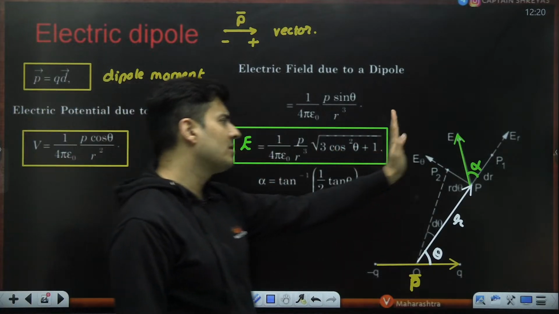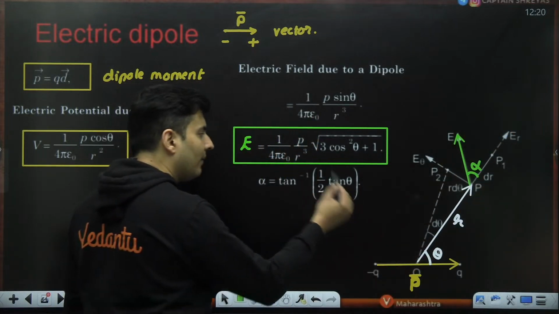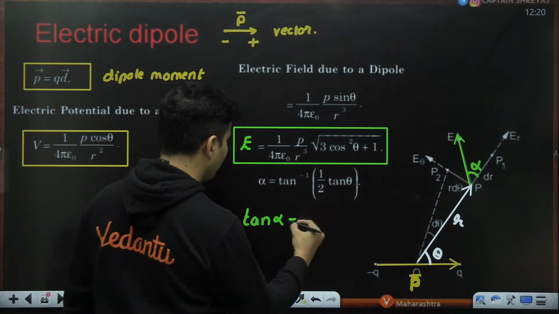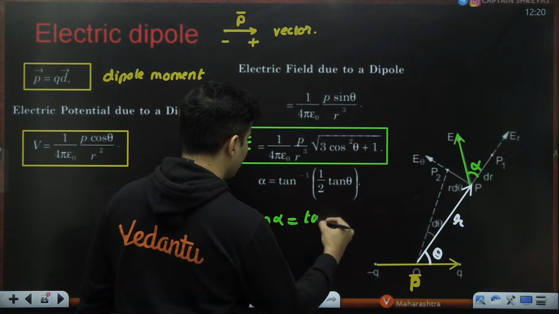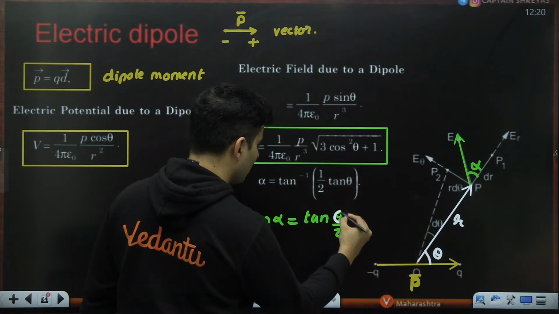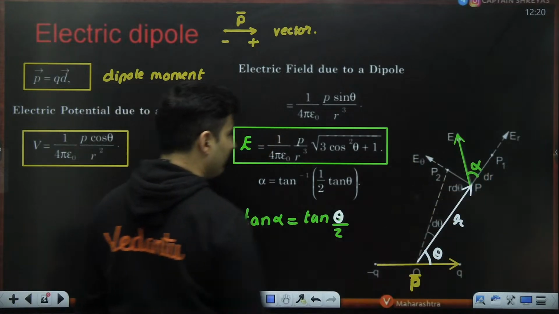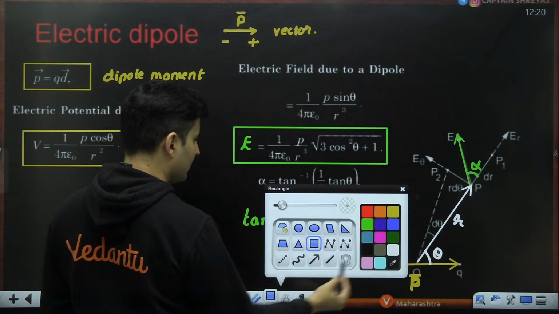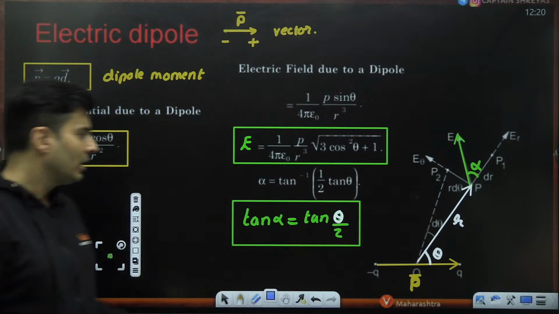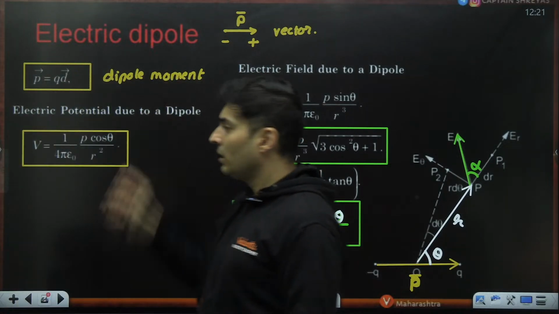And the angle which the field makes with the position vector is given by tan alpha is half tan theta. Sometimes people write it like this, which is easier to remember: tan alpha is tan theta by 2. Theta is this angle, do not get confused. It is the position vector with the dipole. Alpha is the field with your position vector. So this is another important formula, guys. All these formulas regarding fields and potentials due to a dipole.